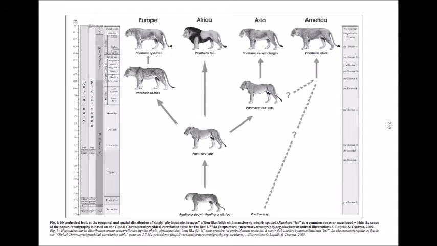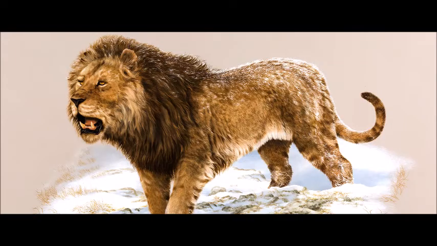One notable example is the northeastern Siberian cave lion, which was of magnificent proportions and strength, yet when compared to the North American lion, it is actually of moderate weight and bulk.